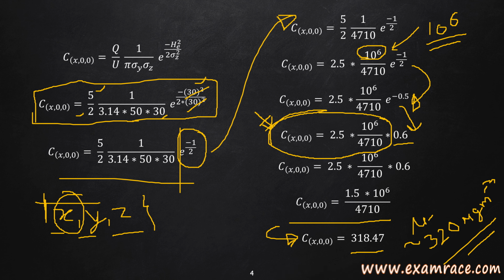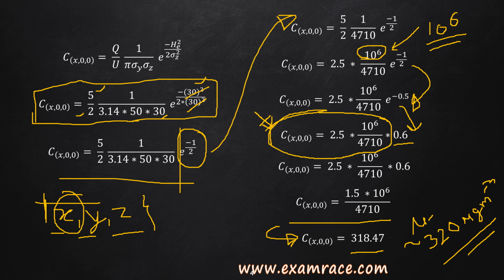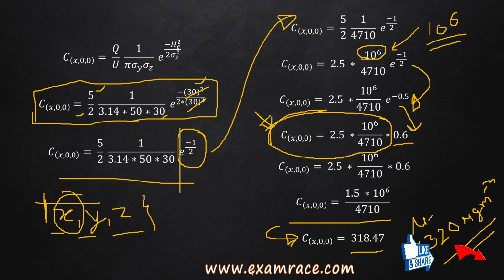The maths of this question is a bit complicated, but apart from that it's a very direct question. You cannot get an exact value, but you can get an approximate value, even if you decide not to solve this part, that is the e to the power minus 1 by 2.